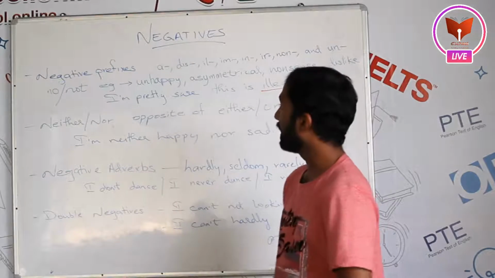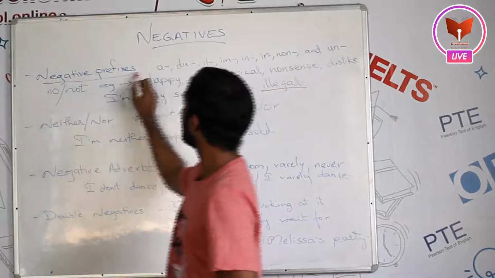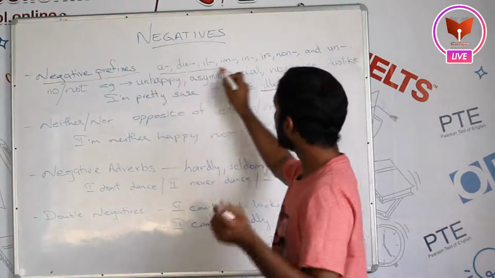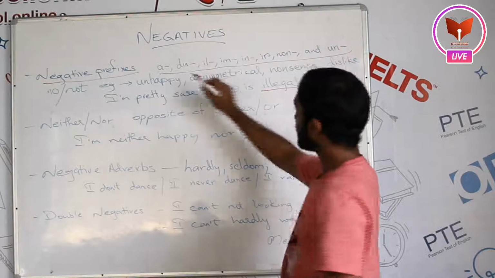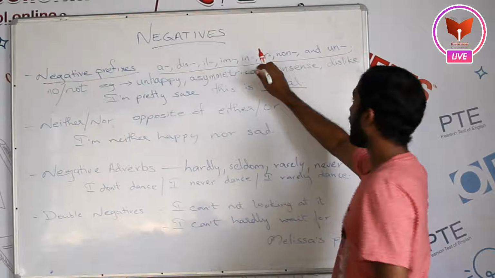The first one is negative prefixes. Prefixes are letters of common use like these: a, dis, ill, im, in, ir, non, and un.